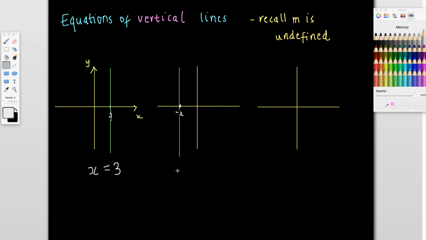And x equals, of course, -2. And just like my example before, technically, we can get a line that sits directly on top of the y-axis, which is vertical. And of course, that would mean that we have a line x equals 0.